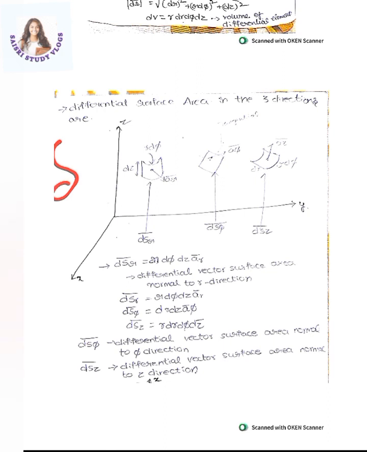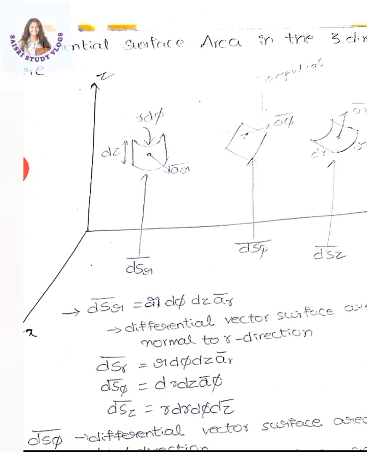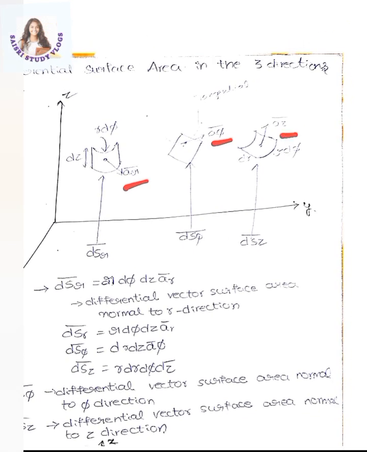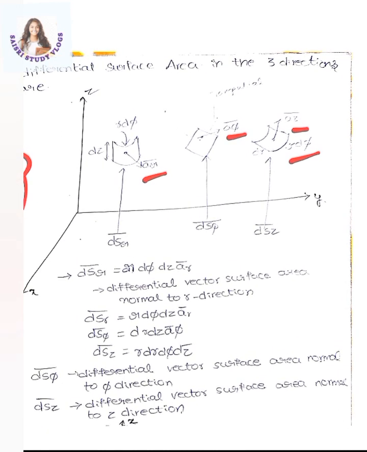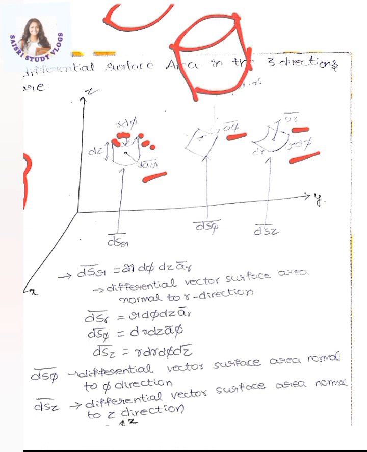As we have seen the three surfaces in the Cartesian plane, here also we have to see how they are changed in different surfaces. In the first one, ar will be the unit vector, in the second one a phi will be the unit vector, and in the third one az will be the unit vector, but we will consider d phi as r d phi. Here it is also a cylinder like this. If you connect the dotted lines, it is also a cylindrical surface.